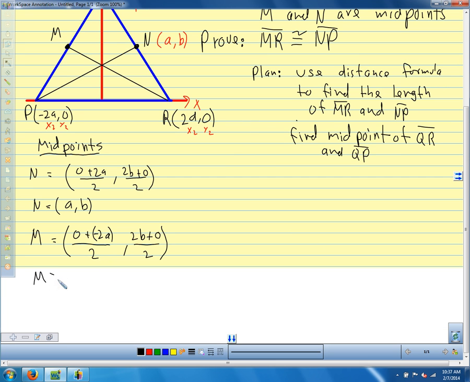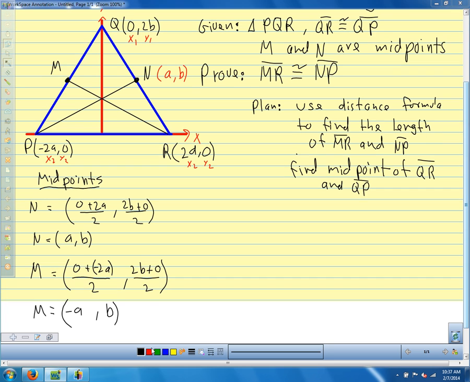So M equals 0 plus negative 2a is negative 2a, divided by 2 is negative a, and 2b plus 0 is 2b, divided by 2 is b. So this point is negative a, b.